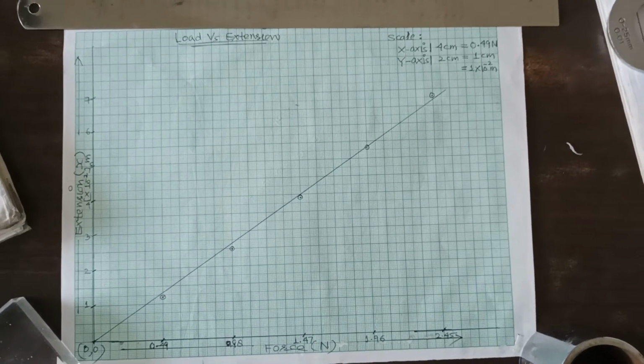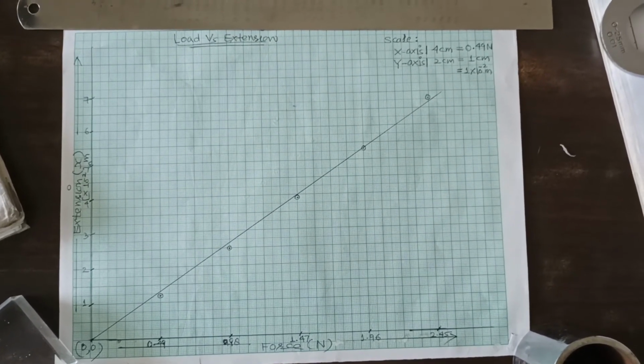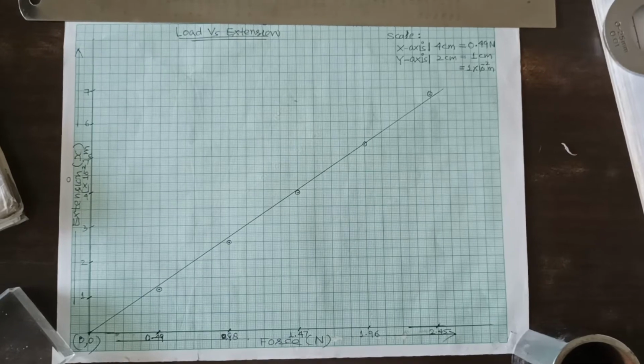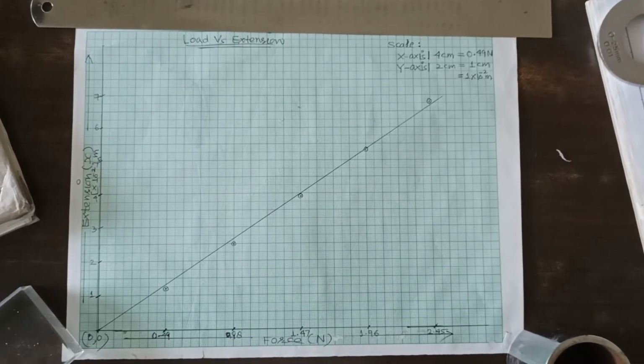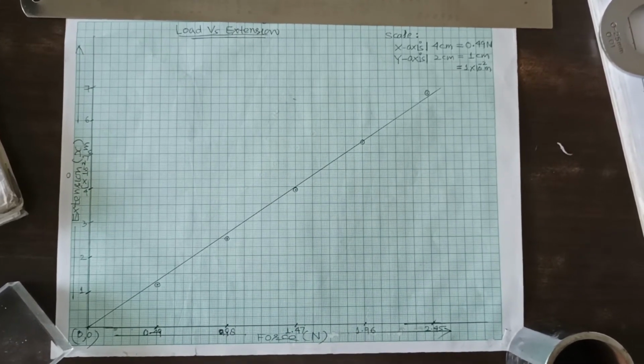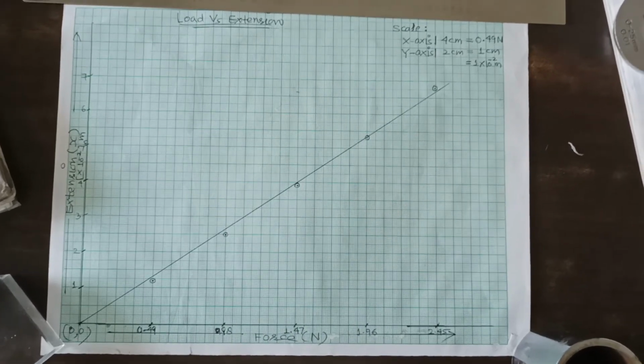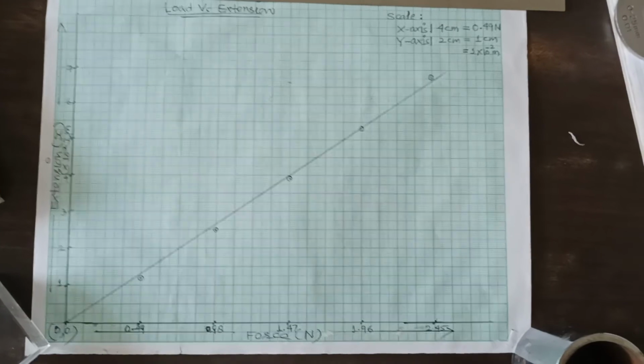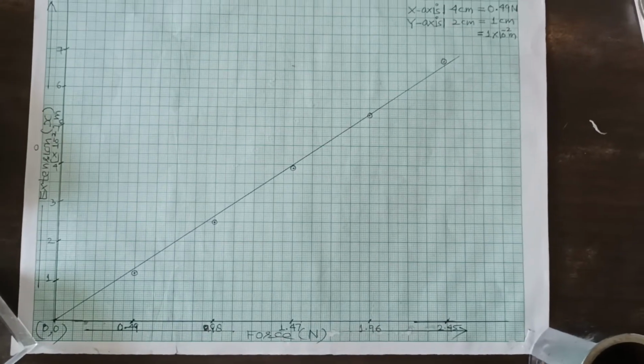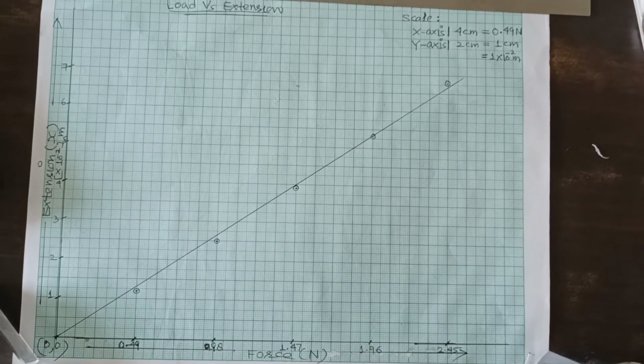Now in order to find the ratio of extension and load, or the slope of this line, the reciprocal of the slope of this line will give you the spring constant. For that purpose we will choose any 2 points on this best fit line.